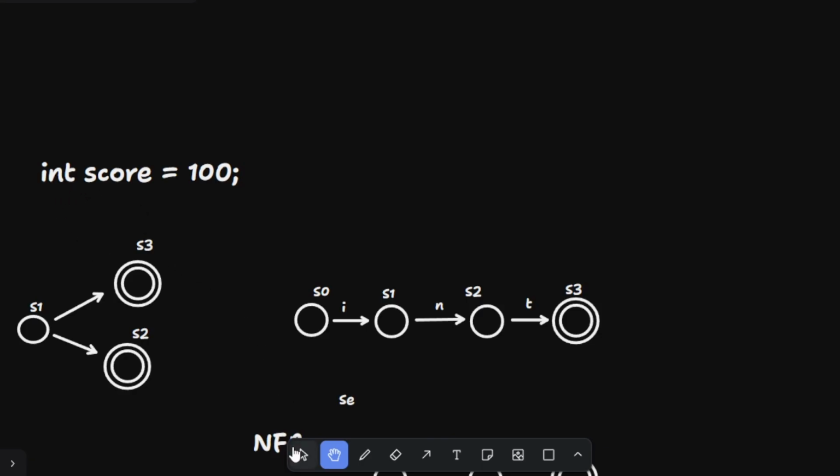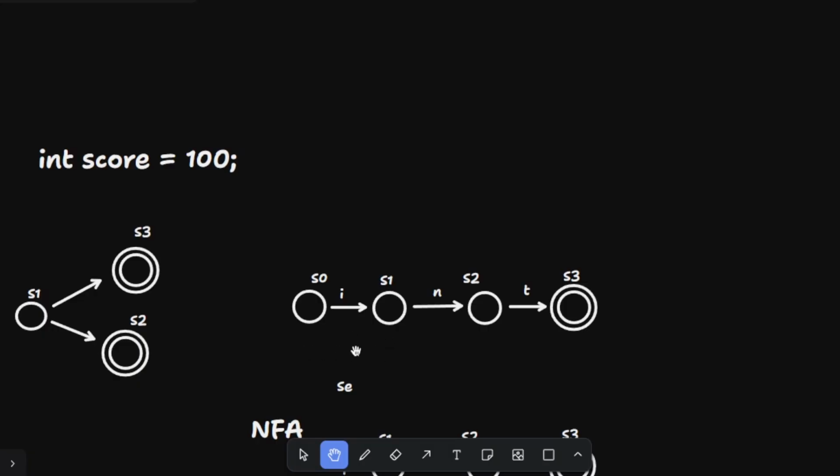If we were going to take the word int and make a finite automaton for that, you'd start at S0. If you get the letter I, you move to state 1. If you get the letter N, you move to state 2. And if you don't get the next letter, you'd go to SE, which is S-error, like an error state.